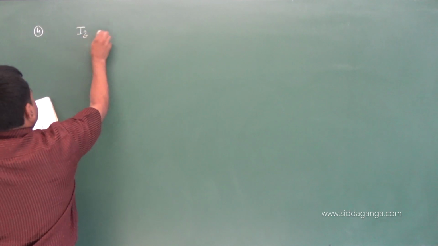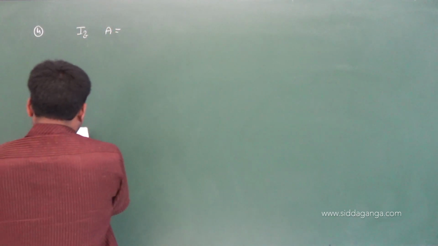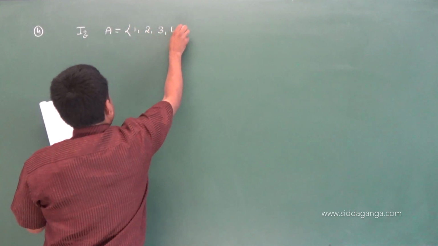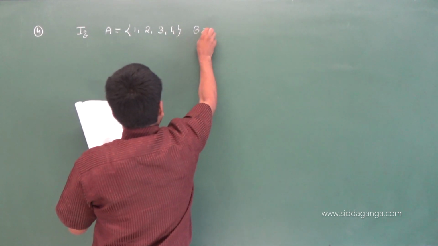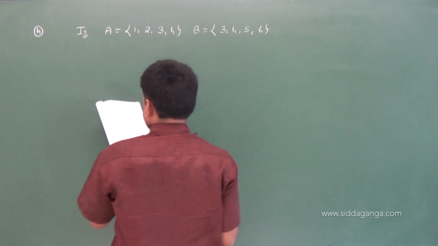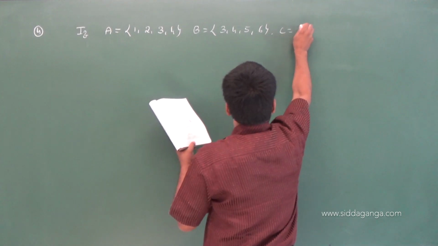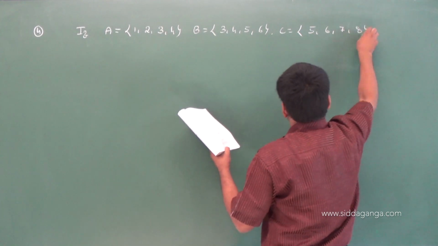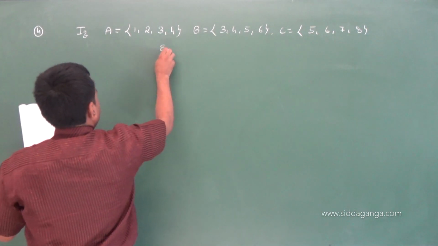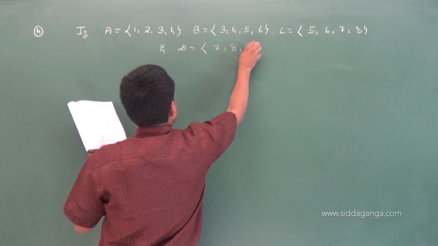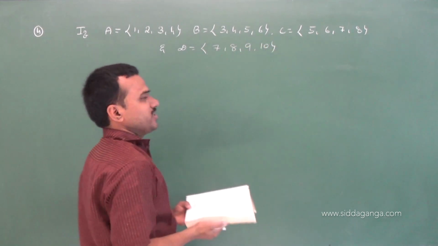If A is equal to {1, 2, 3, 4}, B is equal to {3, 4, 5, 6}, C is equal to {5, 6, 7, 8}, and D is equal to {7, 8, 9, 10}.